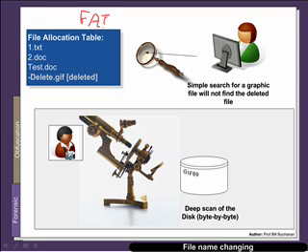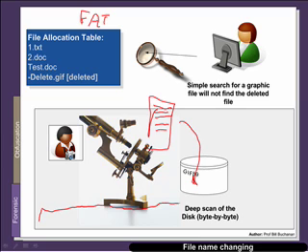If both versions are corrupt, then the disk is almost inoperable. At the start of the disk, this file allocation table defines all the names of the files on the disk and then provides a pointer to the start of the file actually on the disk.